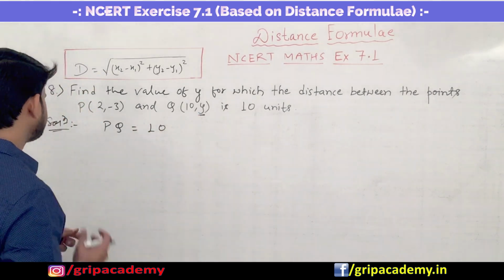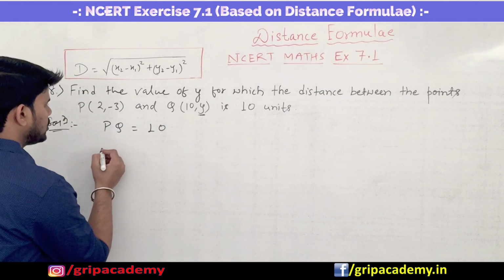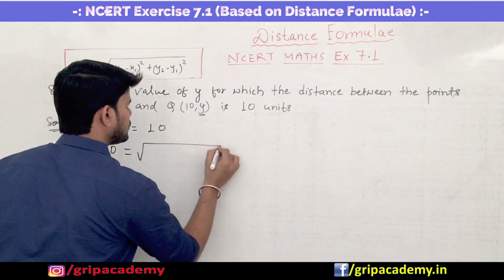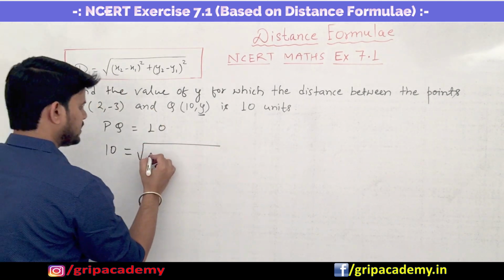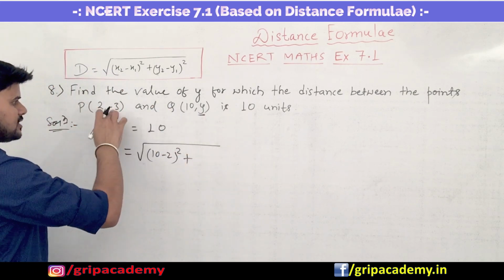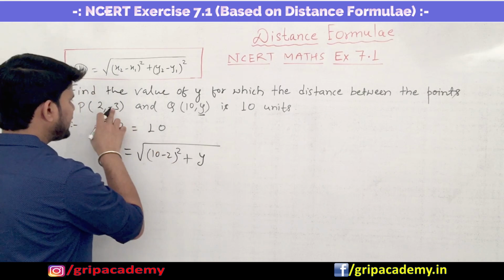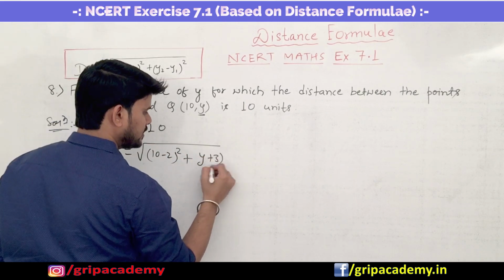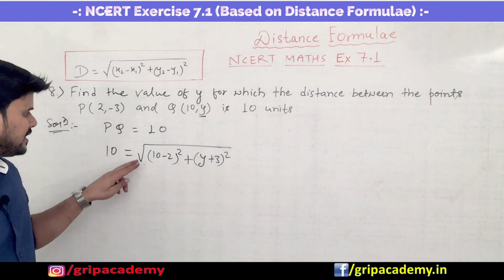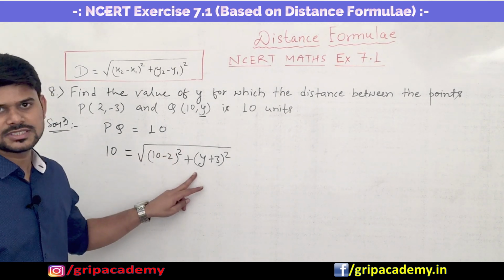So 10 equals to under root of (x2 minus x1), that is (10 minus 2) whole square plus (y2 minus y1), that is y minus (-3), so it will come plus 3, whole square.